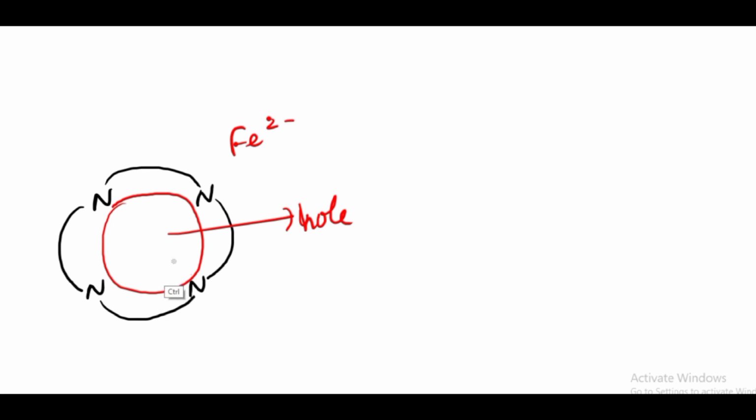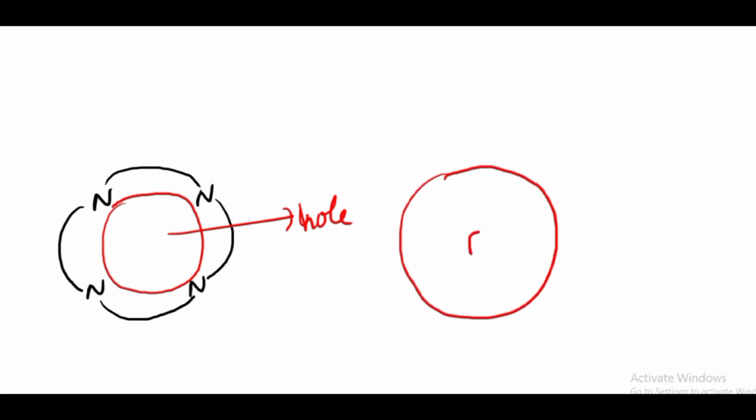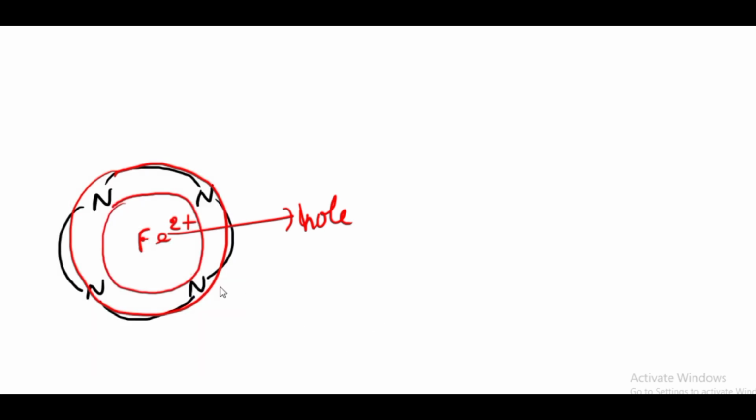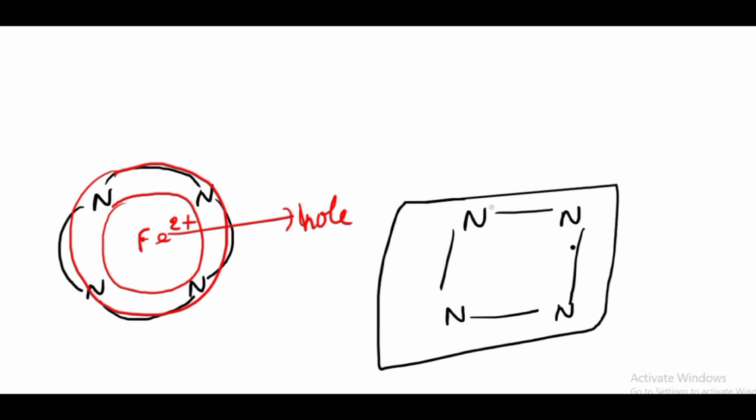So let us consider Fe2+ like this. This Fe2+ is very large, and it cannot sit in this hole which is formed by 4 nitrogen atoms. So what will happen? The 4 nitrogen atoms present in the hemoglobin molecule are lying in the same plane.